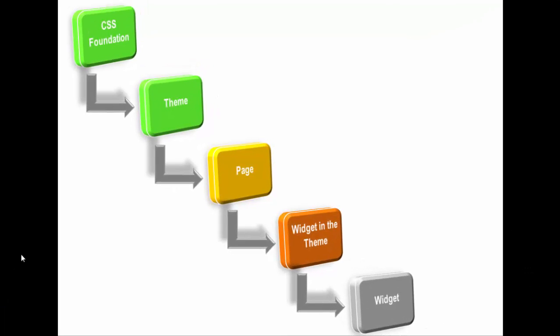This diagram represents the algorithm that decides which value of a property should be applied. First we have the CSS foundation level. The default properties can be overwritten at the theme level and then at the application's page level. And then the widget in the theme level, and all those can be overwritten at the widget in the application level.